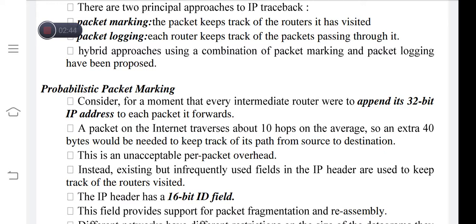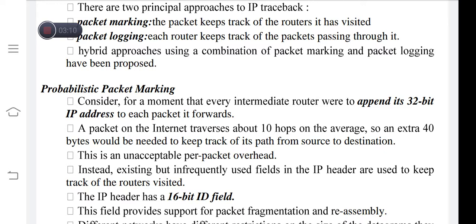A packet on the internet traverses about 10 hops on average. So an extra 40 bytes would be needed to keep track of its path from source to destination. This is an unacceptable per-packet overhead.